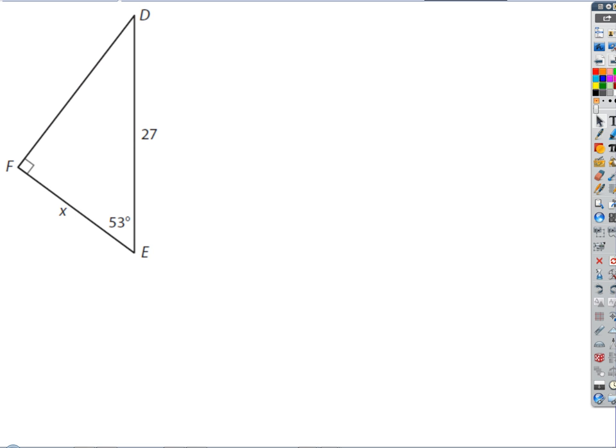Matthew, from the perspective of the 53-degree angle this time, which trig relationship should we start with? Let's write down what these are again. So there's the 53.